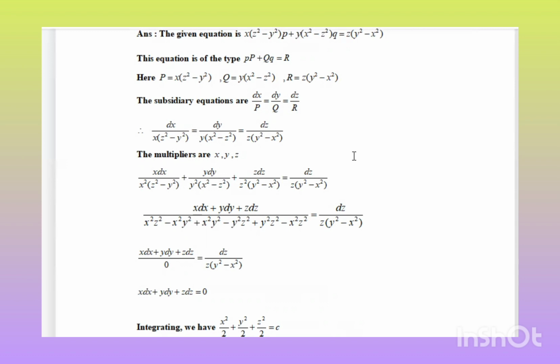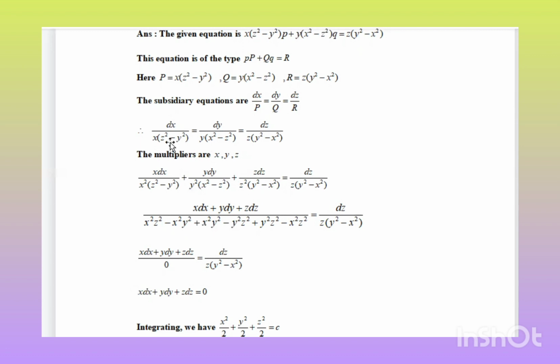Here you have to make the denominator to be 0 by multiplying by any variable or any numbers, except 0. For example, first I am taking the multipliers x, y, z. Why am I taking these values x, y, z?